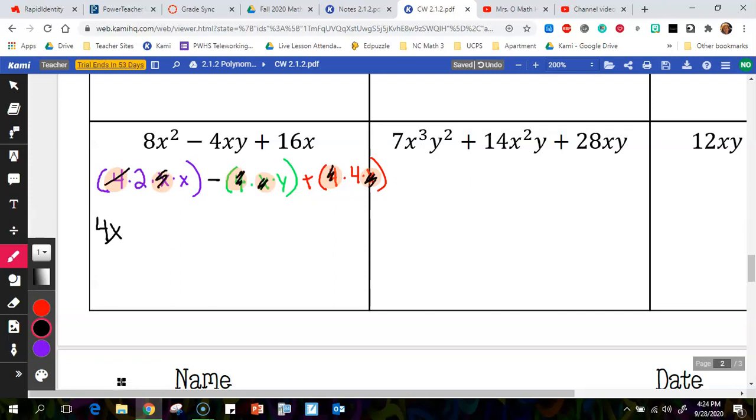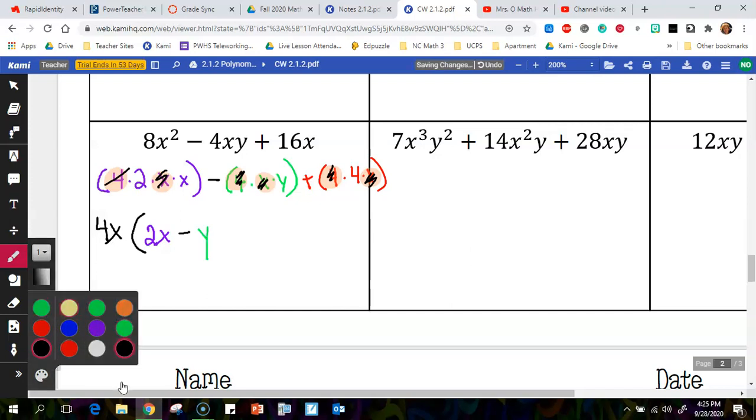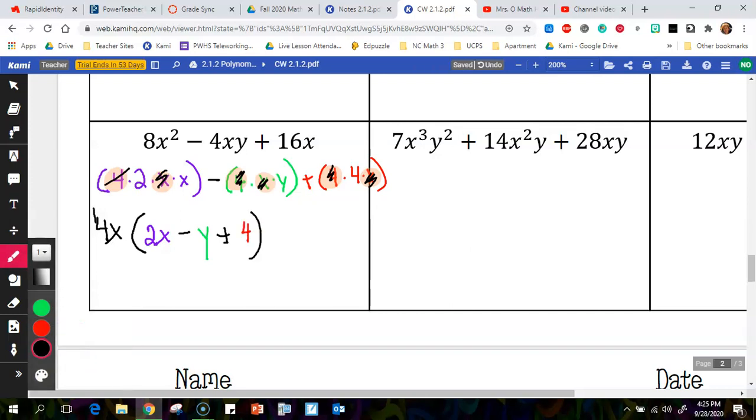And then I just write what's left. Okay, so in parentheses, I've got my 2x minus just a y in green, minus y plus, and then in red I've got 4. Okay, so that is factored. So what I've done is I've factored that expression by pulling out the greatest common factor.